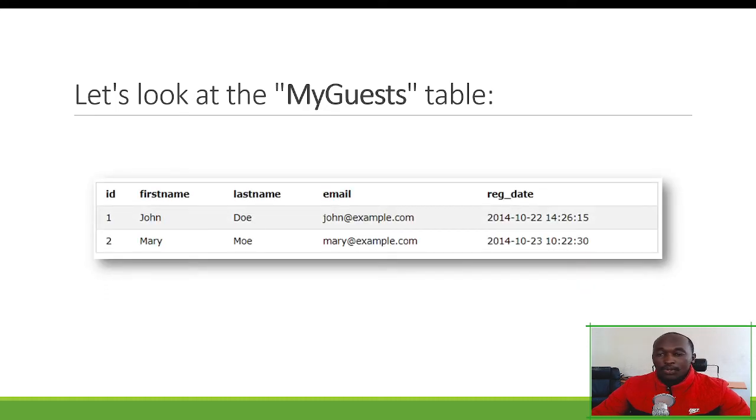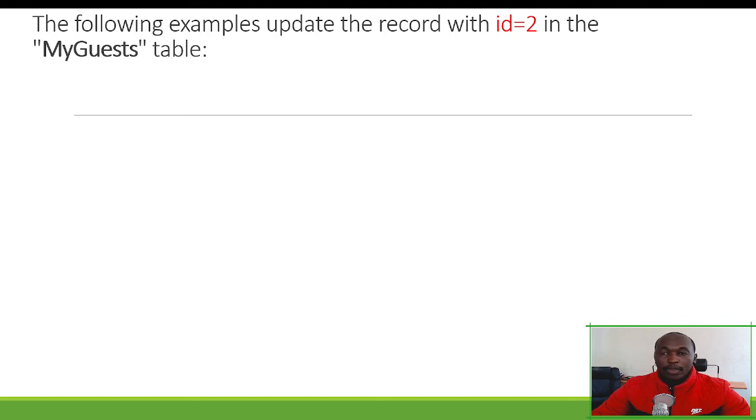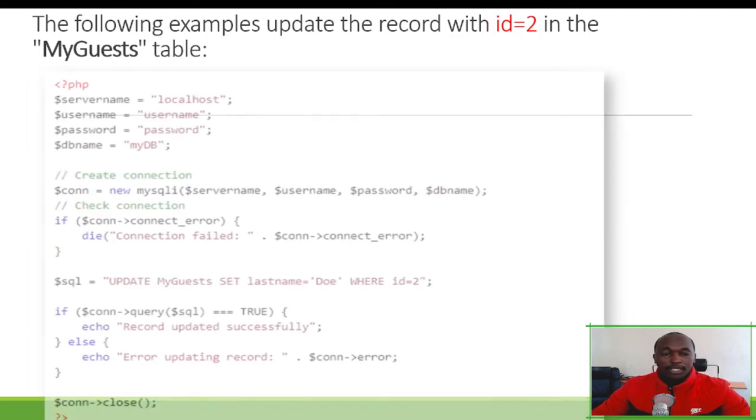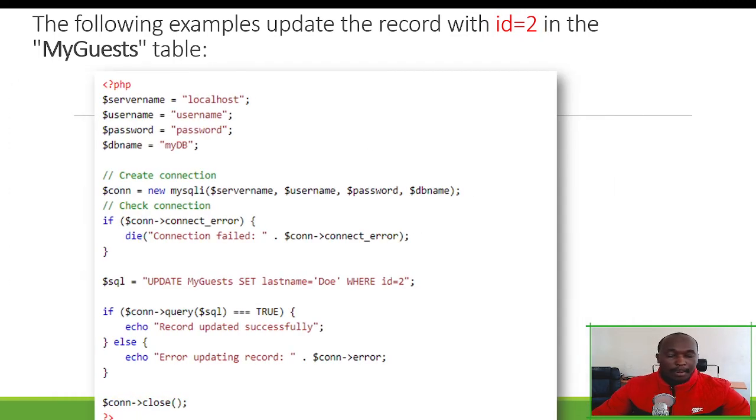Okay, so this is how the my guests table looks like right now, with John Doe and Mary Moore. We want to update the record of the person whose ID is equal to 2. This person is Mary Moore. And we want to update Mary Moore's last name to Doe.